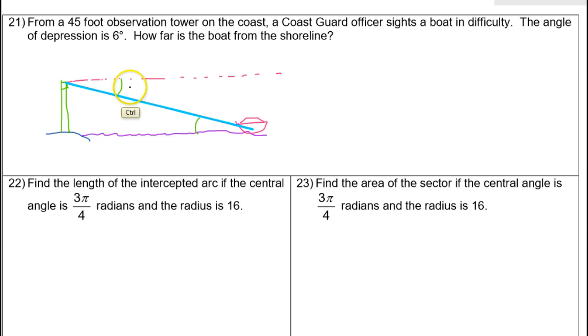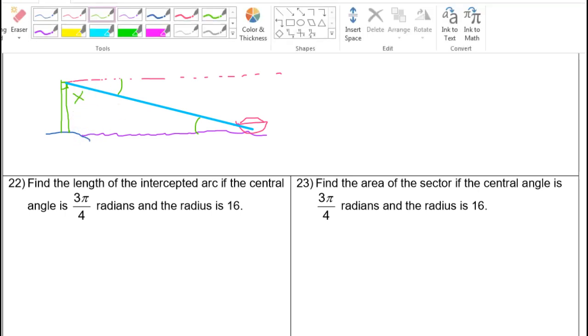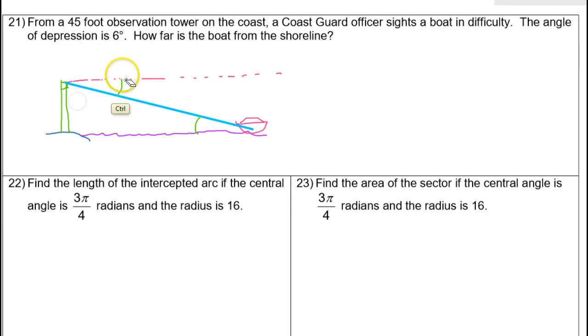These are the same. So what I like to do is, if they ask me for the angle of depression, I go ahead and find the angle of elevation, just because it's inside of this triangle, and so it helps students avoid the mistake of accidentally finding this angle up here. Some students will put the 6 right there where I put that X, and that's wrong, because that's not the angle of depression.